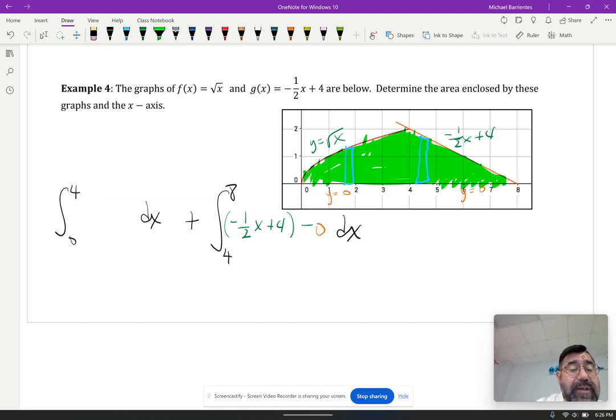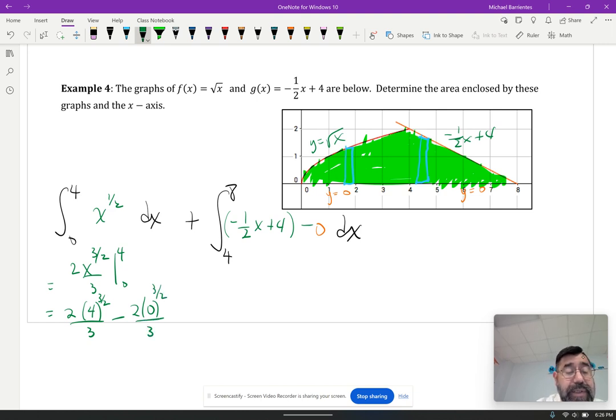Let me fix this. Square root of x minus 0, that's just the square root of x. And the square root of x is x to the 1/2. So if I take the antiderivative, I believe I get this. And then I'm going to evaluate that at 4 and at 0. So that means I'm going to plug in the 4 first. Plug in the 0 second. But as I'm doing that, I'm realizing, hey, that second part's going to go away.